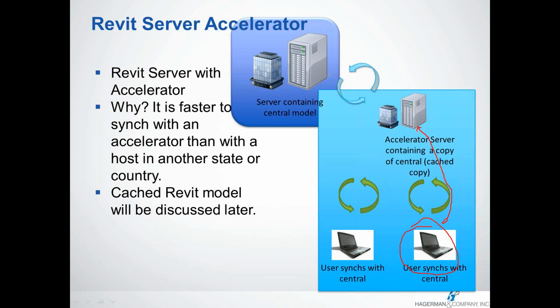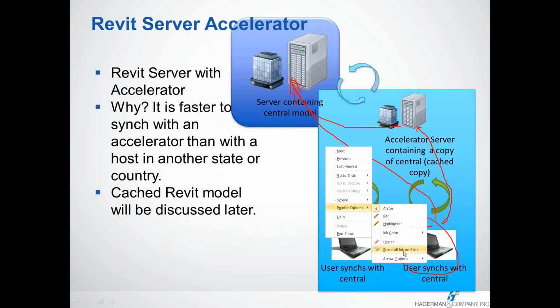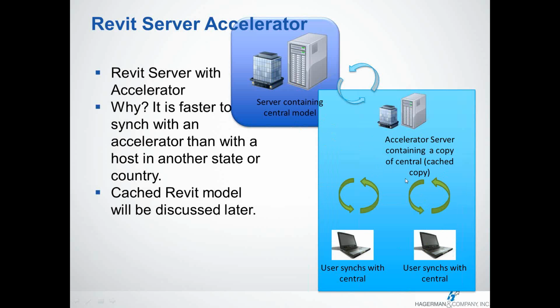Now that change, that wall that he might have created, it also goes to the host. So when he syncs something, it's actually going to the accelerator and to the host. So his change is going to two places. He doesn't see what's happening, but that's really what's happening.